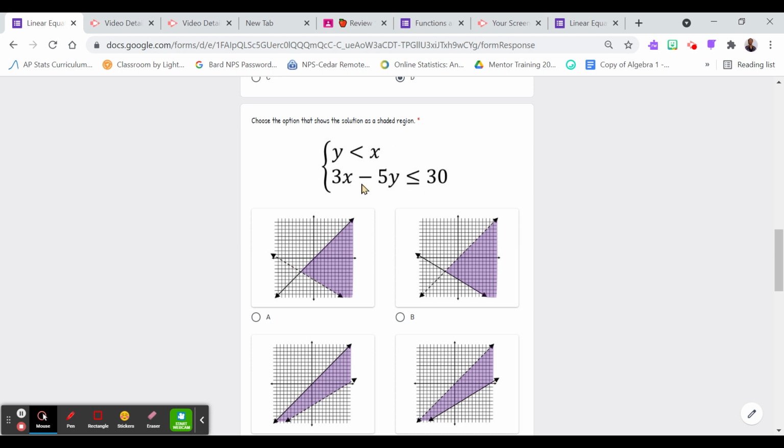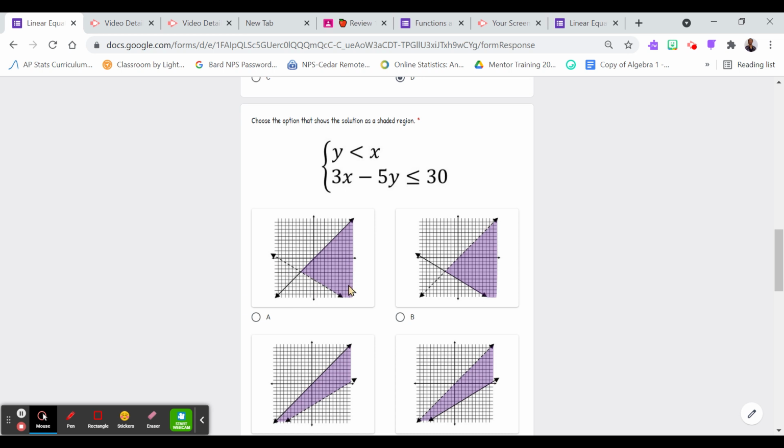I know just from standard form, it's going to intersect the axis at this number divided by 3. So 30 divided by 3 is 10. So it's going to intersect the x-axis at 10. And it's going to intersect the y-axis at 30 divided by -5, which is actually -6. So I know it's going to be something down here, something like this, right? 10 and -6.